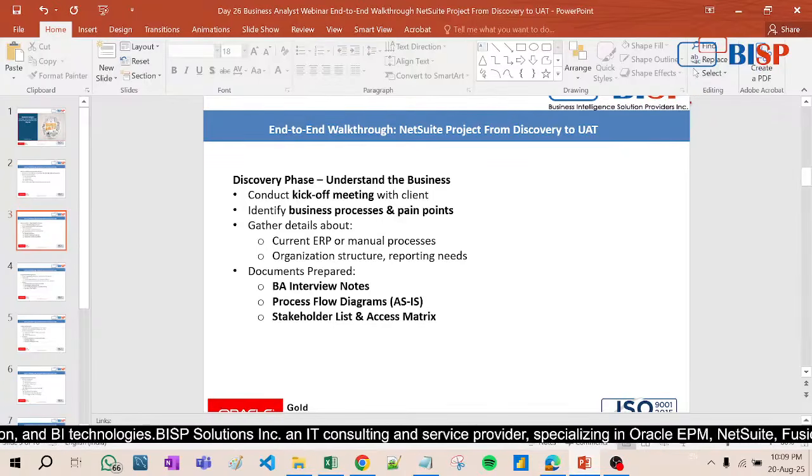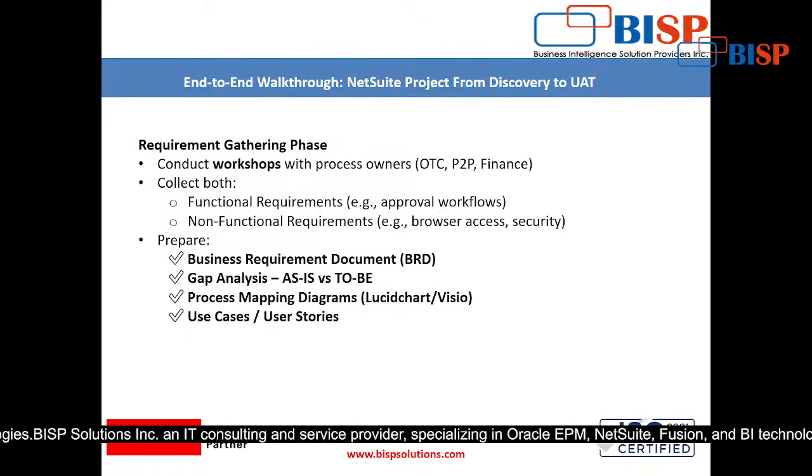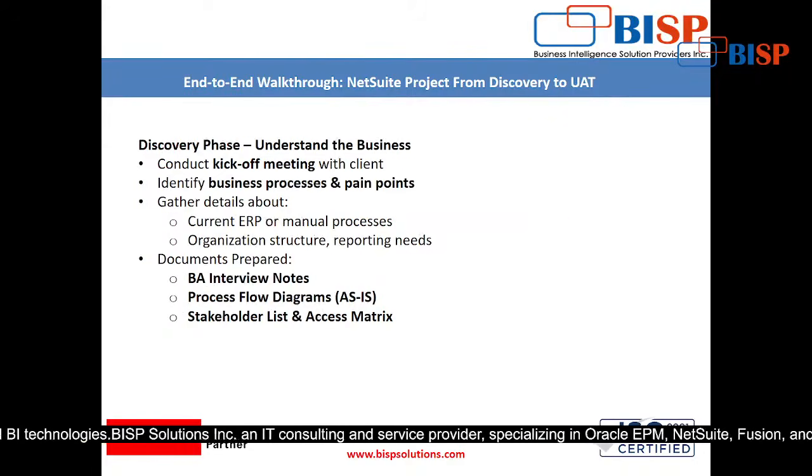Now let's come to the next point, the requirement gathering phase. In this phase, what happens? Conduct workshops with process owners. Conducting workshops with process owners means, for example, if the company is working in two shifts, one person works in the daytime and another worker works in the night shift, so you have to check all these things.